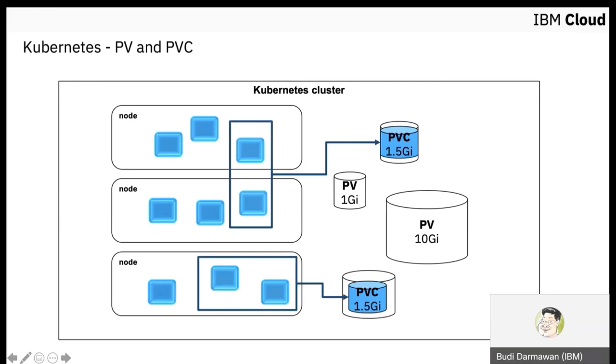And this is what we call static or manual provisioning. In this case, you have a set of persistent volumes that are already defined in the cluster, and then the deployment or the pod or any other workload that needs a persistent volume will try to claim one, and hence create a persistent volume claim.